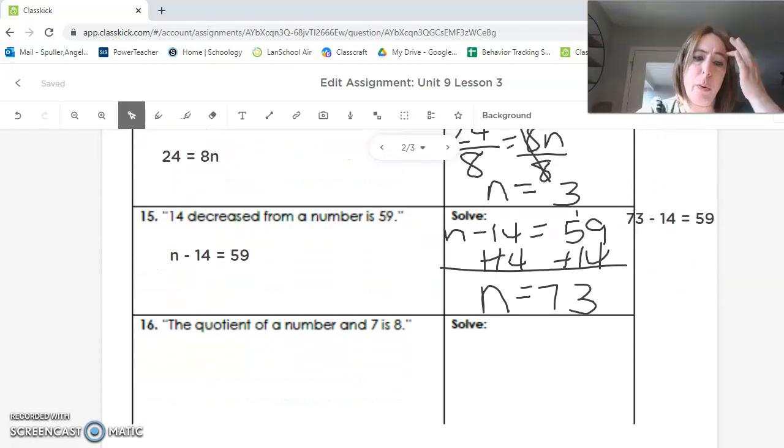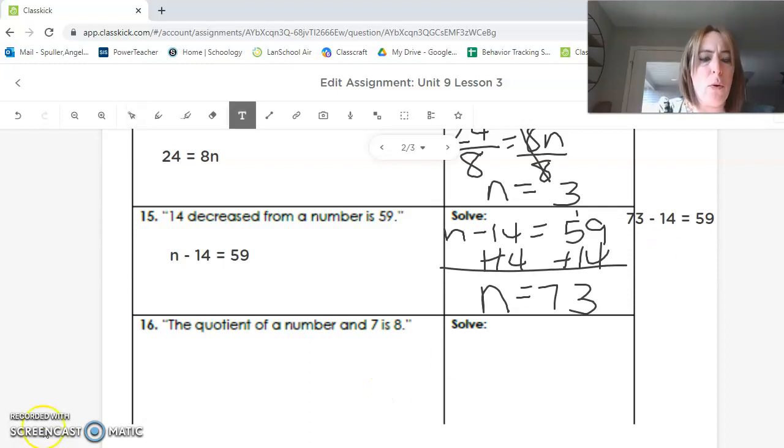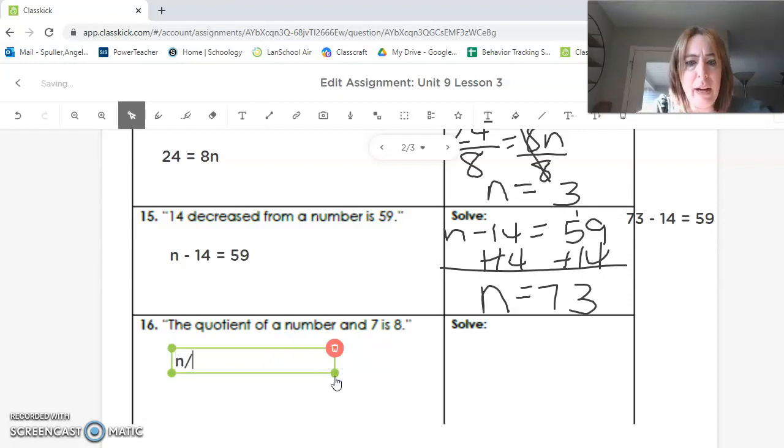And last, the quotient. Quotient is a good keyword for division. A number divided by 7. So the quotient of a number goes first, divided by 7, equals 8, because it says is.